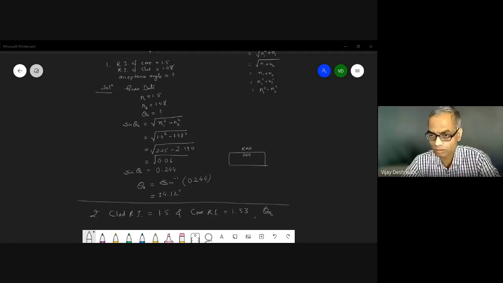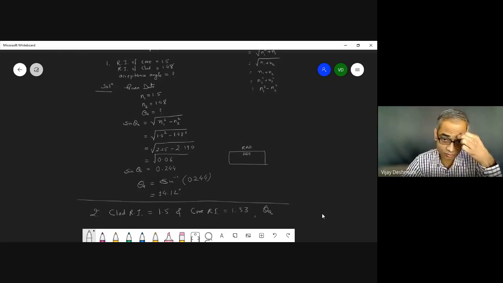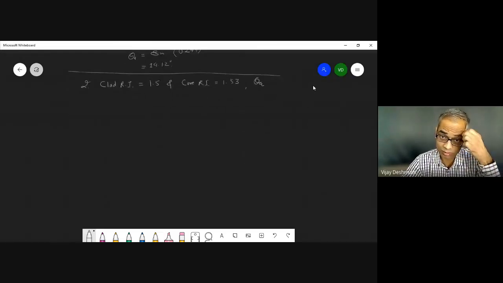Okay. So I'll just try to solve the other problem so that everybody will remember and understand. Some people are saying, please repeat. So, okay, we'll take this problem. The second problem is the same as the first problem, so you can understand the first problem also.